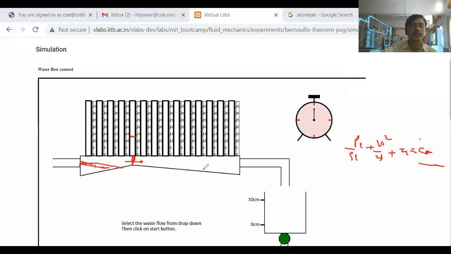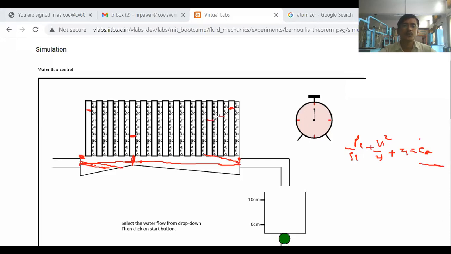If you want more accurate readings, you can take this difference also from the data, right? So now what will happen? The velocity head will be maximum here, and pressure head will be minimum. And at this end, pressure head is maximum and velocity head will be minimum.